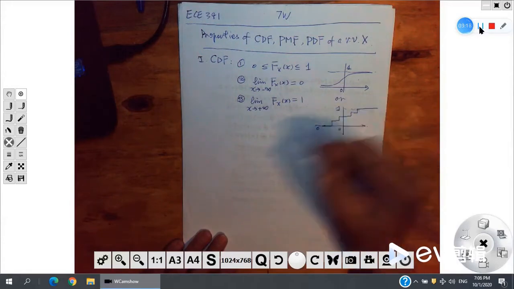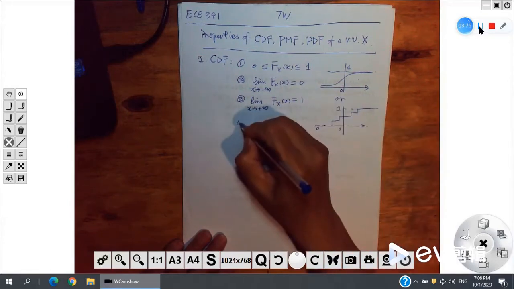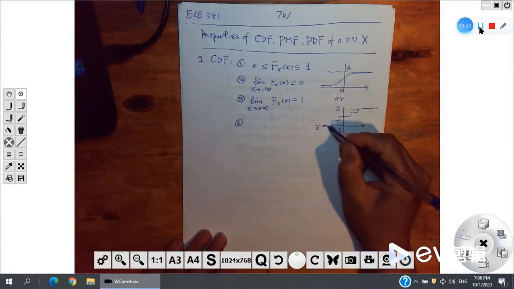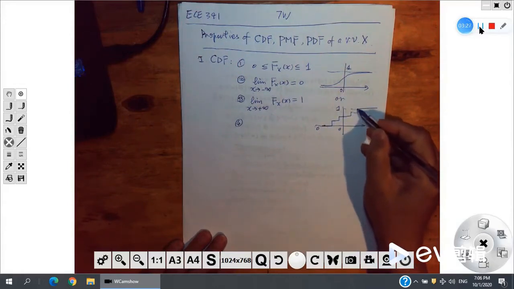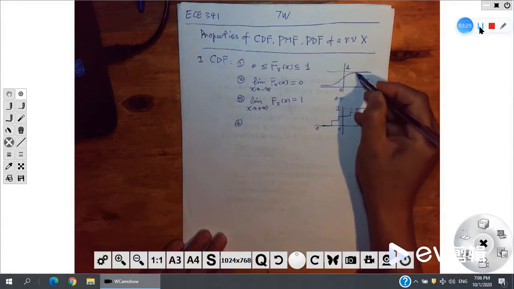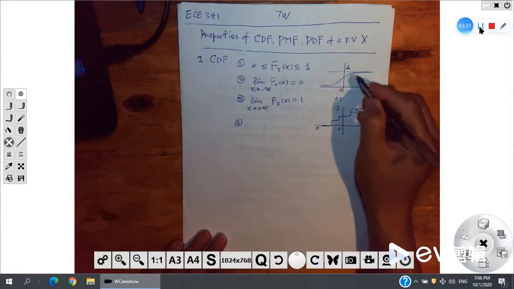And we have the fourth one. The value of the CDF is increasing. It's going up. It won't go down.